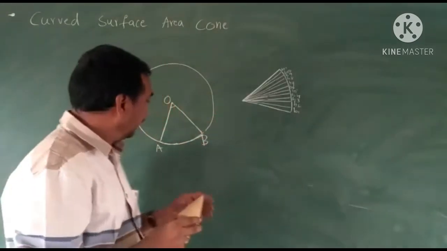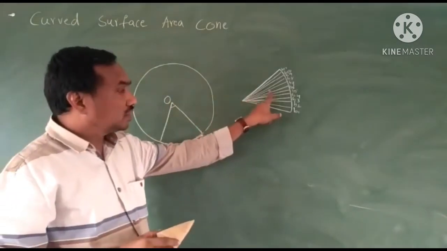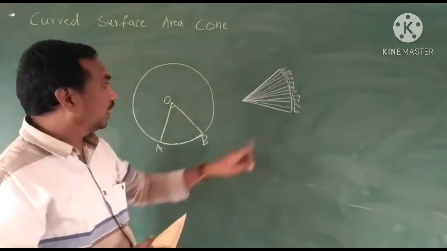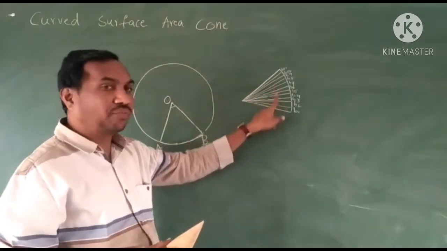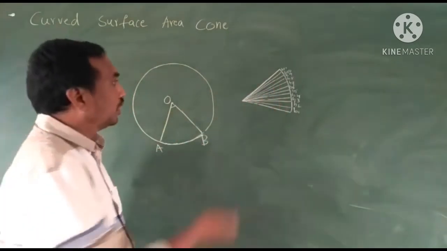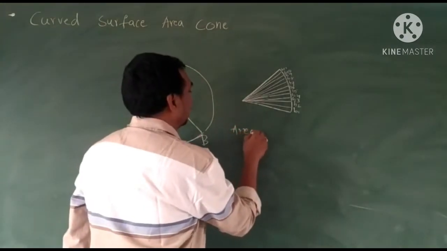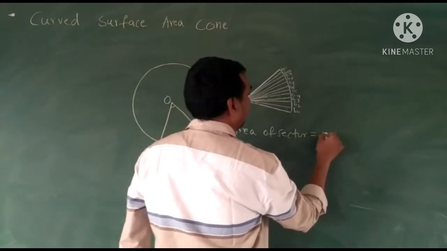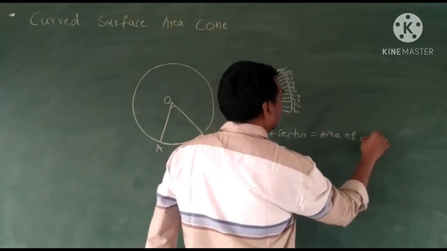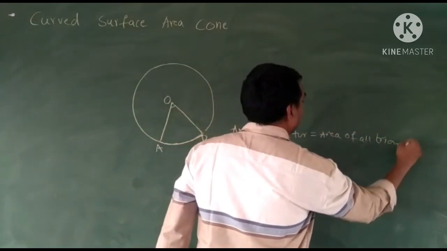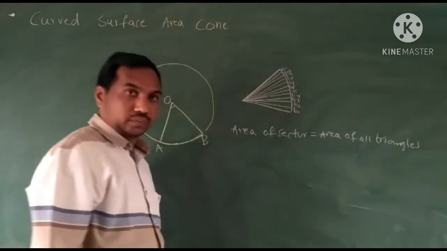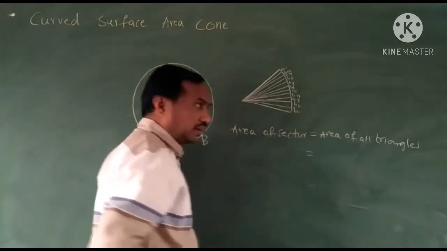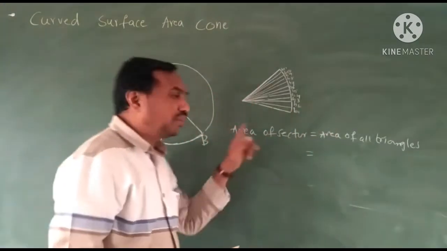Before folding, it is in the shape of a sector. Now how to find the area of the sector? Every piece is in the shape of a triangle, so the area of the sector is nothing but the area of all triangles. What is the formula for the area of a triangle?